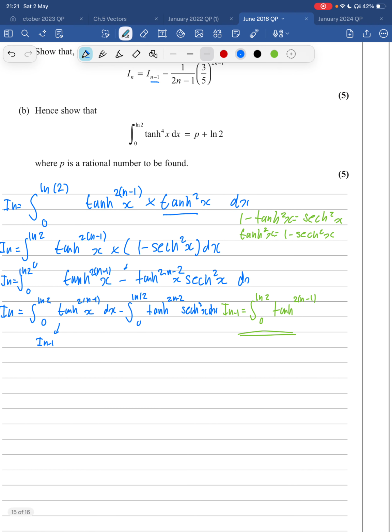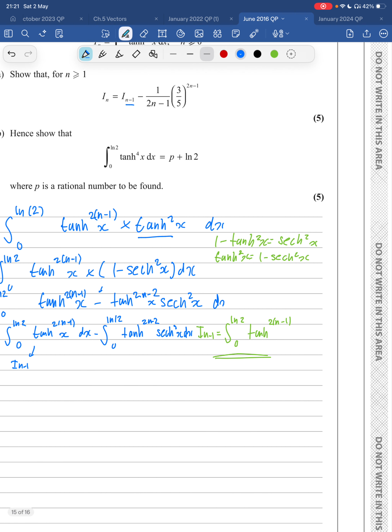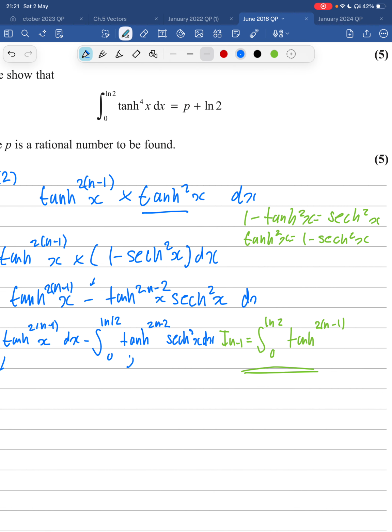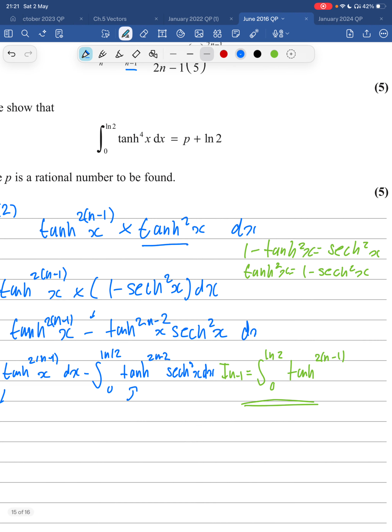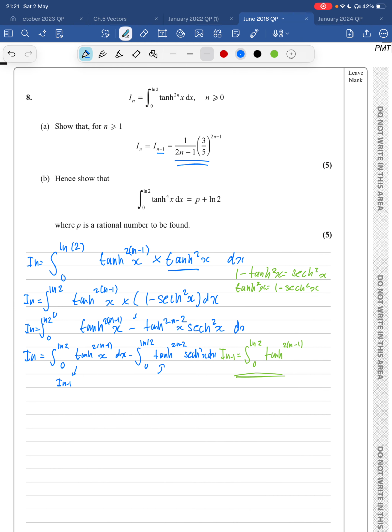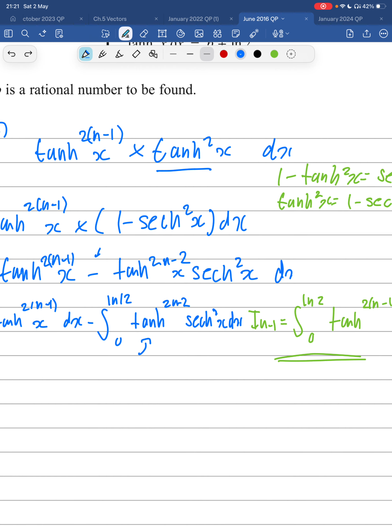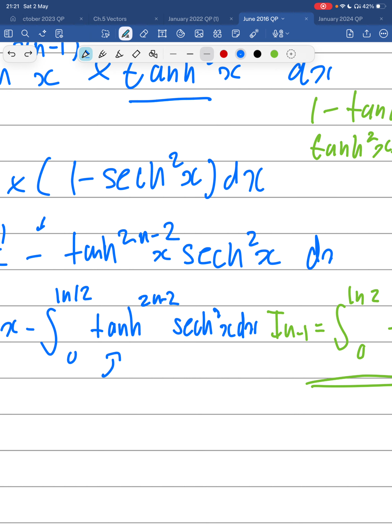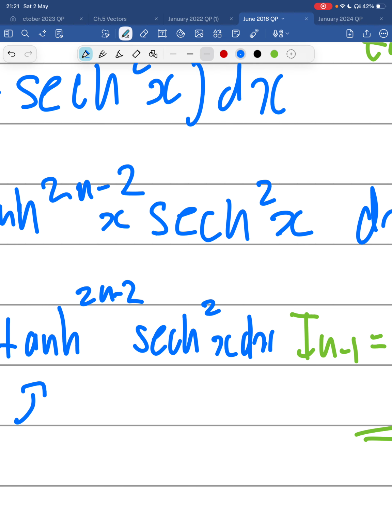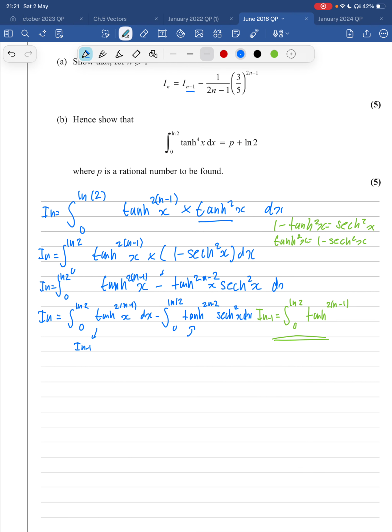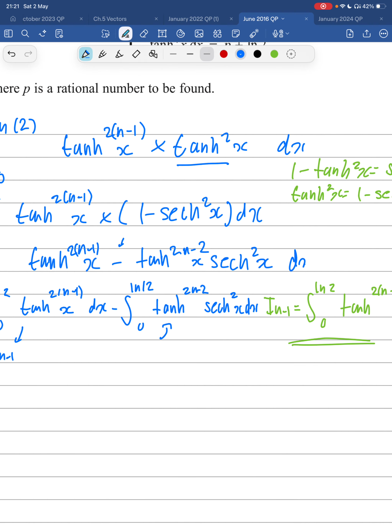So what we can tell is that this integral here is going to have to look like this. So let's work towards that. You might be thinking to yourself, how are we going to integrate this? That's a very ugly square. Well, it's actually not that bad.